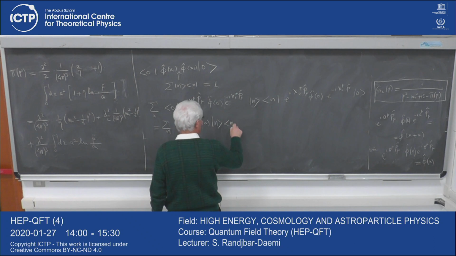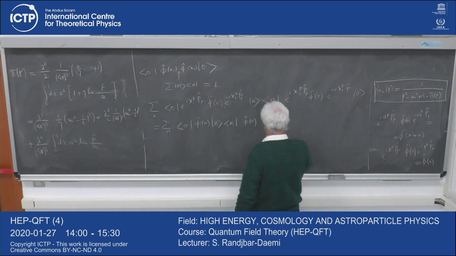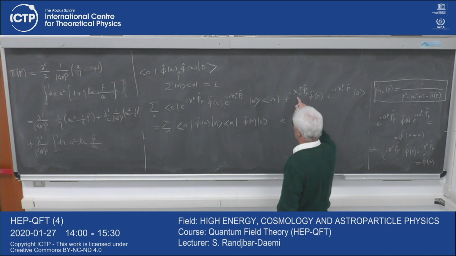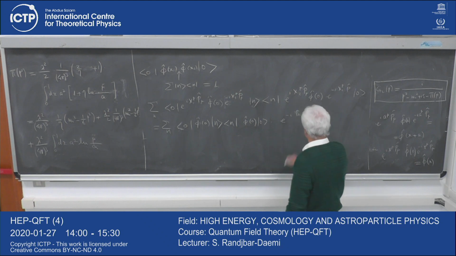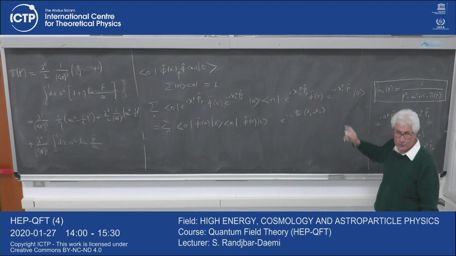Then there will be phi hat 0. One eigenvalue will come from here, one from here, so it will be minus i p_n dot x1 minus x2. I suppress the indices mu.